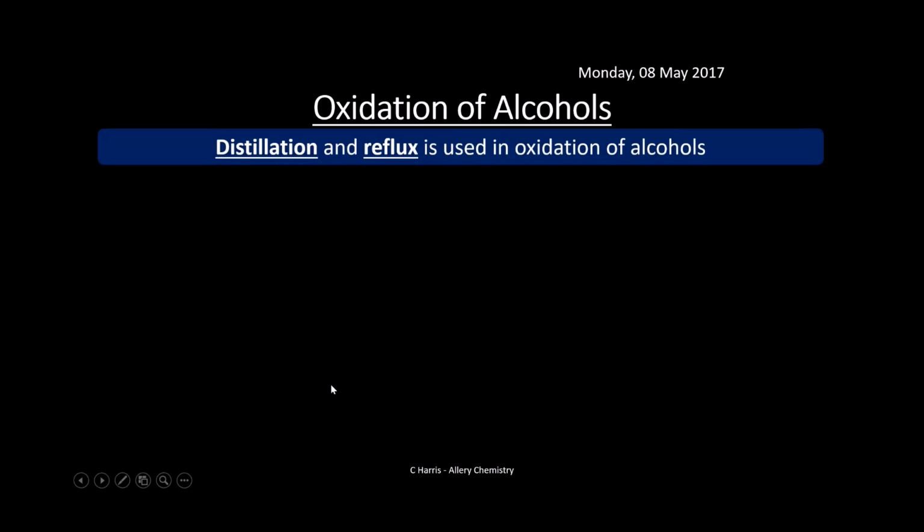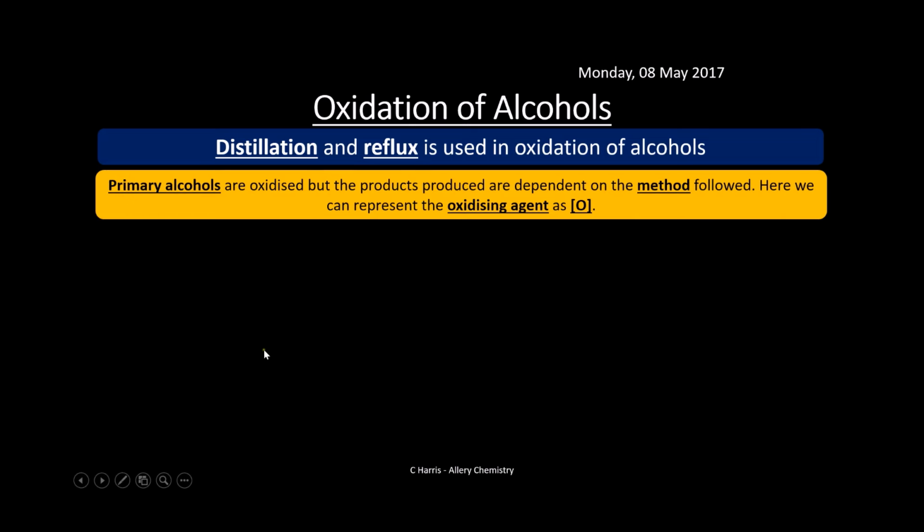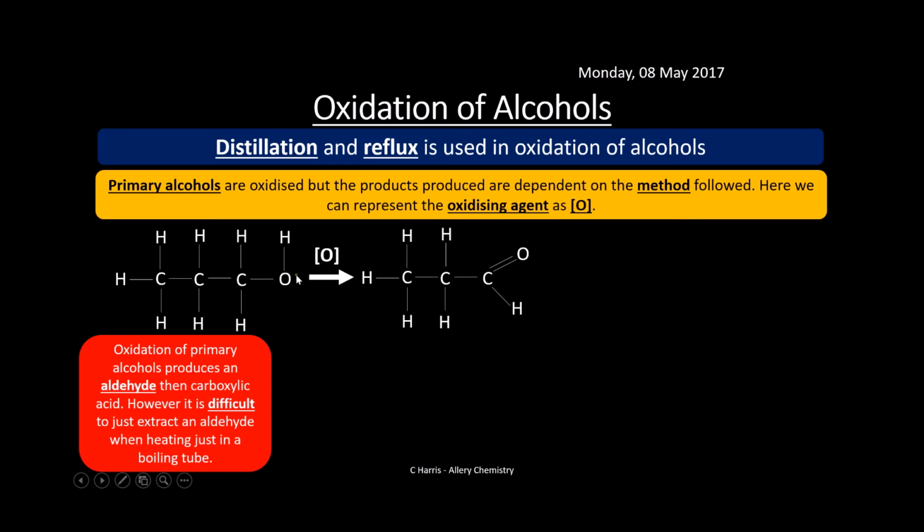Okay, so let's just look at them in a little bit more detail. We use distillation and reflux when we're oxidizing alcohols. So primary alcohols are oxidized, but the products produced are dependent on the method followed. And it's really important that you know the methods and the types of products that we get. We're going to represent the oxidizing agent as just O in a square bracket because it makes it a lot easier to read.